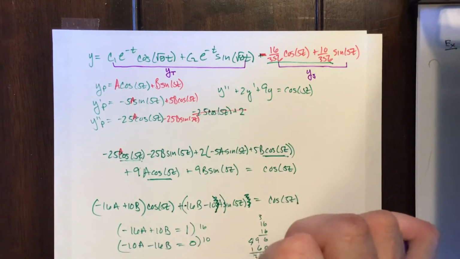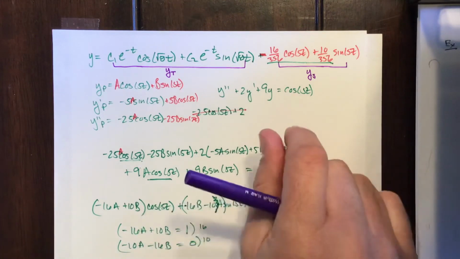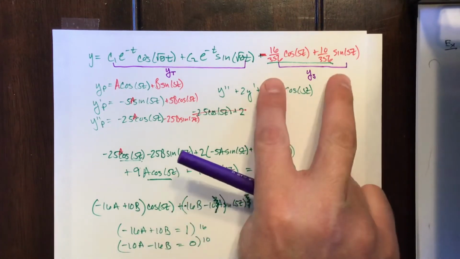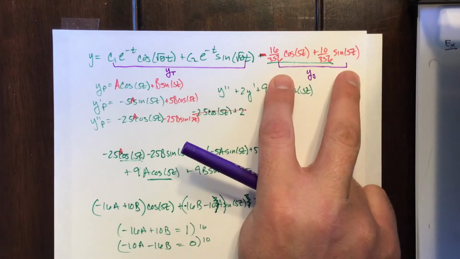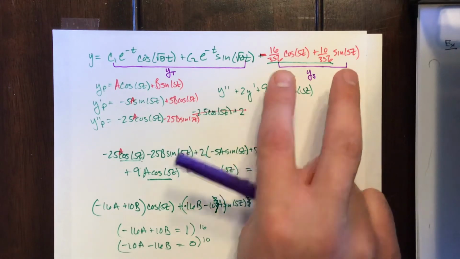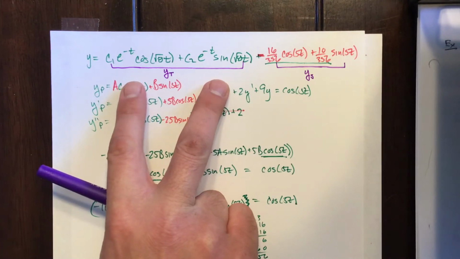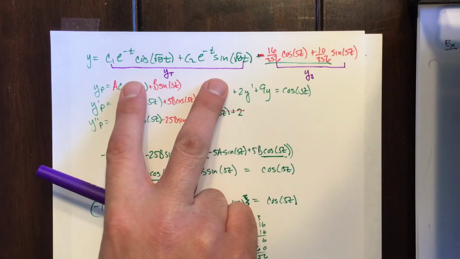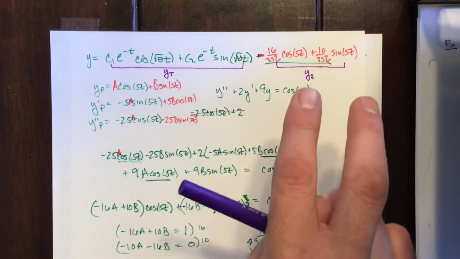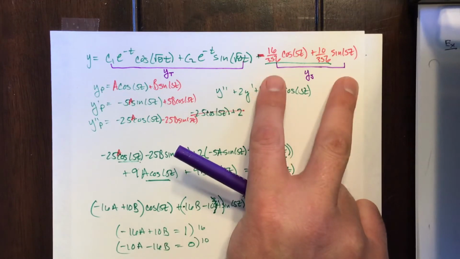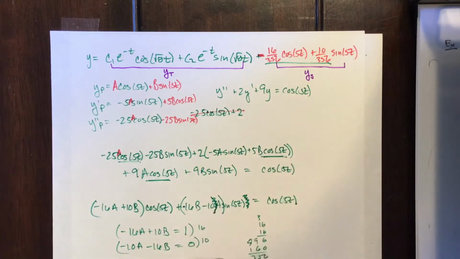The steady state portion of the general solution is the part that's attributable to the fact that there's forcing. This is the part that's attributable to a drag or a damping effect, and the damping effect will eventually go away over time. But this is the part that is persistent because there's a force that's being applied, according to the right-hand side, cosine 5t.